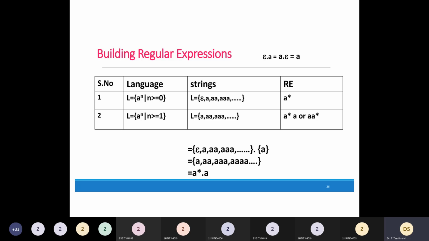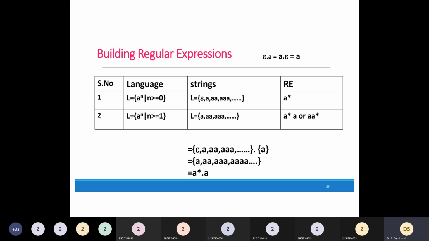And then coming to the second one, L equals a power n, where n is greater than or equal to 1. In the previous one, the value of n was greater than or equal to 0. Here the value of n is greater than or equal to 1, which means one or more occurrences of the particular symbol over the alphabet.